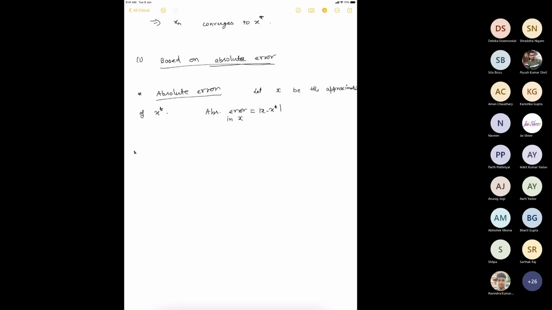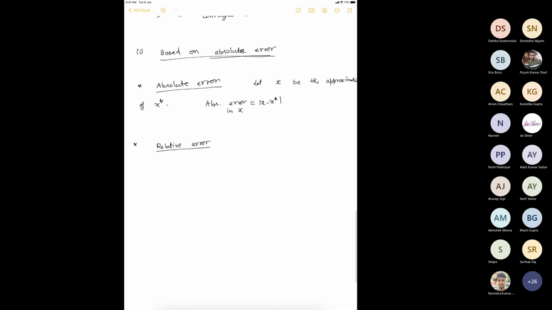And there is a notion called the relative error. Again, by the name you can understand that this is a relative error. This means that I am dividing by the absolute value of x star.